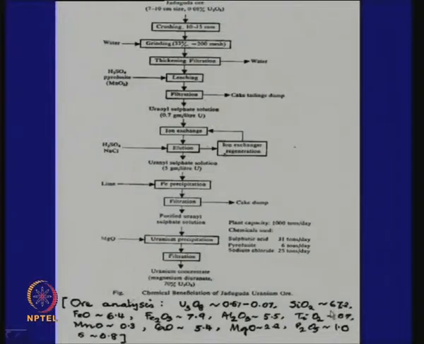Most of it is silica, then there is iron oxide, alumina, TiO2, MnO, calcium, magnesium, and some P2O5, but essentially it is a siliceous material containing small percentages of U3O8.